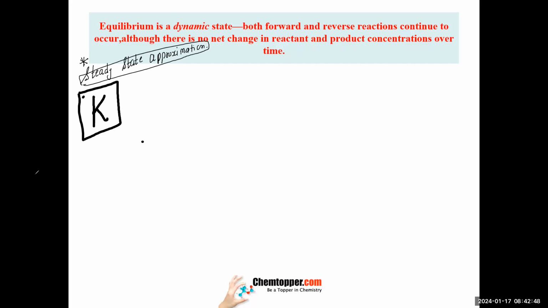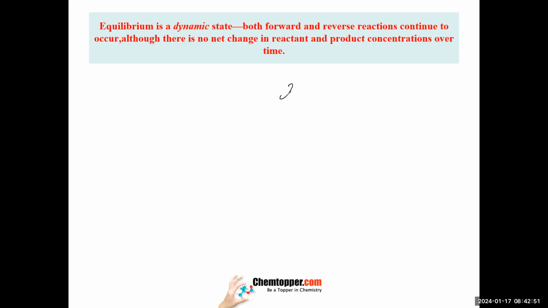Okay, so let's try to understand a reaction. 2A is in equilibrium with B. Let's make the graph. A is the reactant. This is the concentration, and this is time here, not temperature. I started with initial zero concentration of B and some concentration of A. So with time, the concentration of A decreases, but at the same time, the concentration of B will increase.